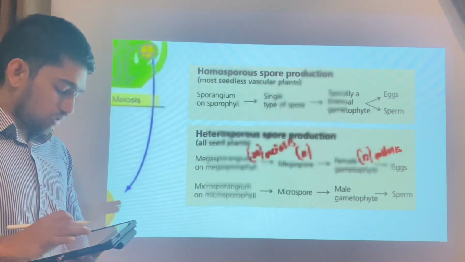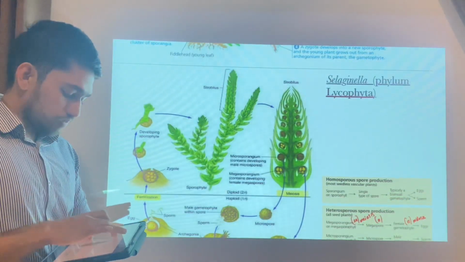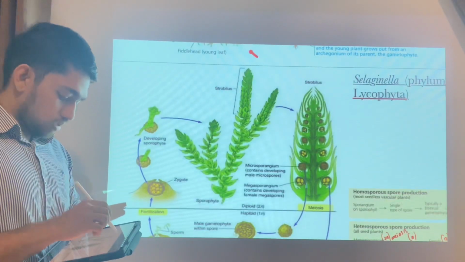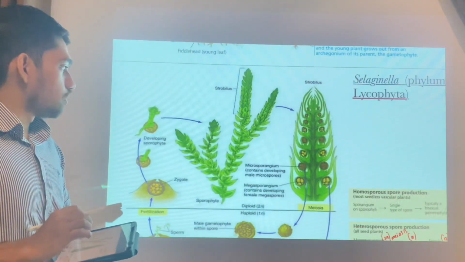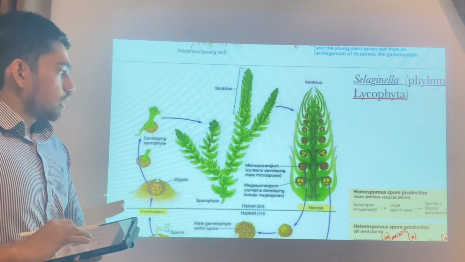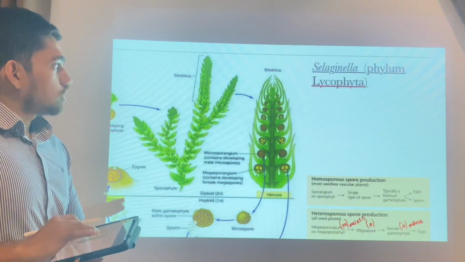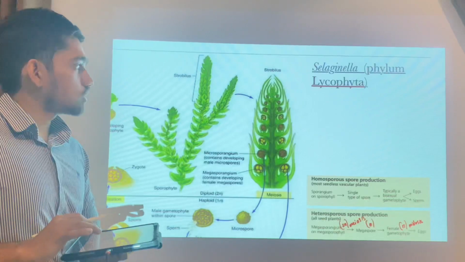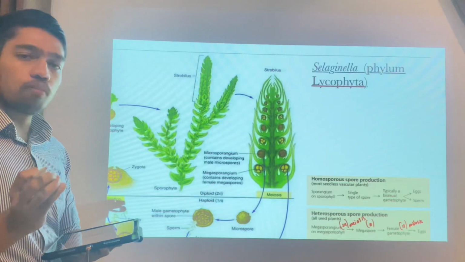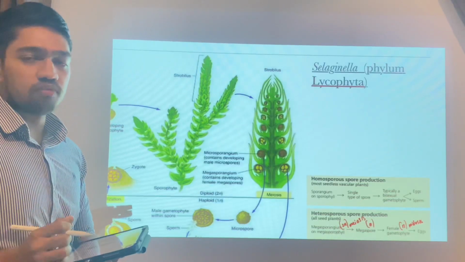Now we can move on to the diagram of the life cycle. This is the sporophyte of Selaginella. It is the dominant stage, and it has a very unique structure that we call a strobilus. A strobilus is a cone formed by sporophylls. Sporophyll is a new term that we have to know.